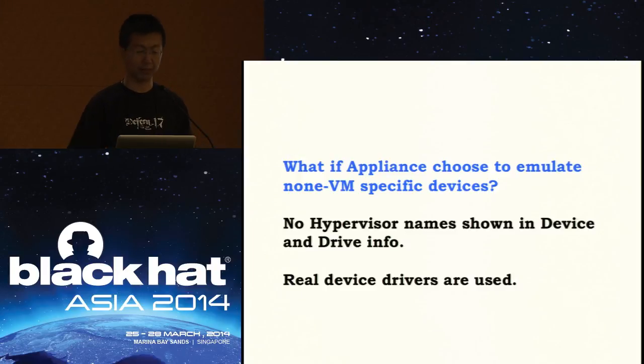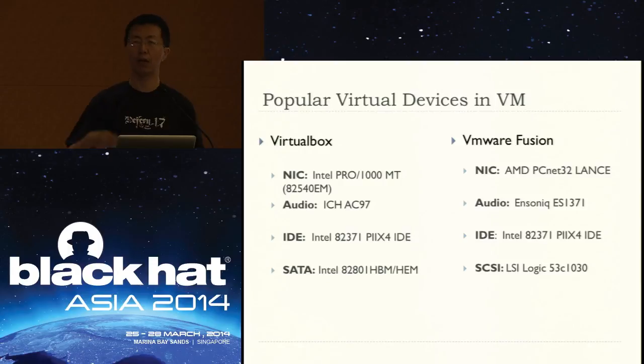They can still build it, because if you look at the other devices they build, if you open up VirtualBox or VMware, they already mimic other devices, right? For example, on the NIC, a very popular one is the Intel E1000.